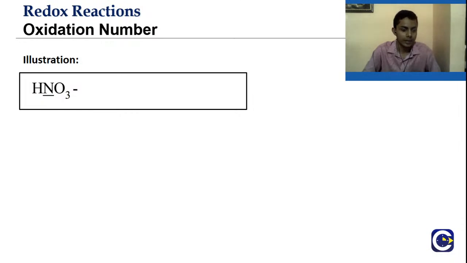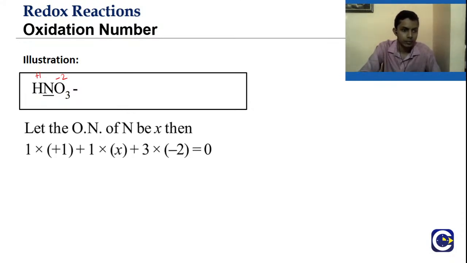What about nitric acid? What will be the oxidation number of nitrogen? Here also you can consider the oxidation number of oxygen as -2, hydrogen as +1. Using that, what will be the oxidation number of nitrogen? By doing algebraic sum, I'll get x equal to 5. Clear?